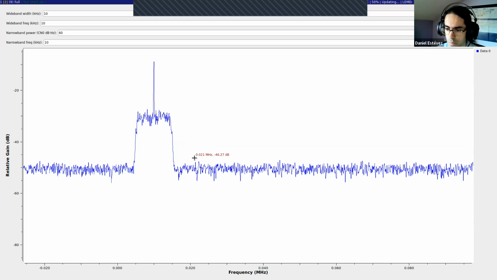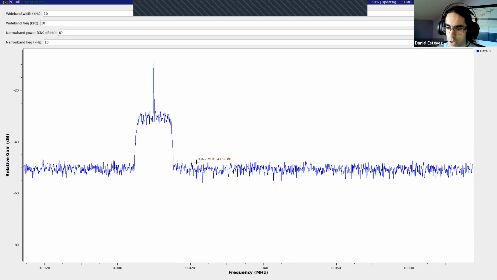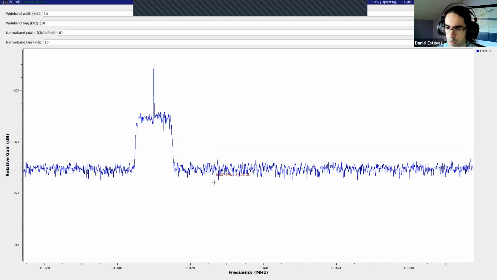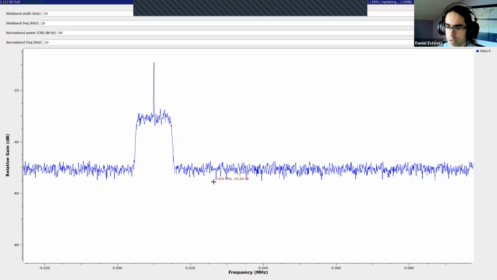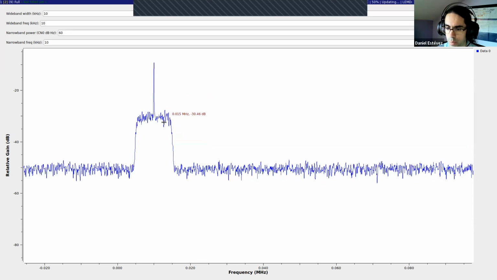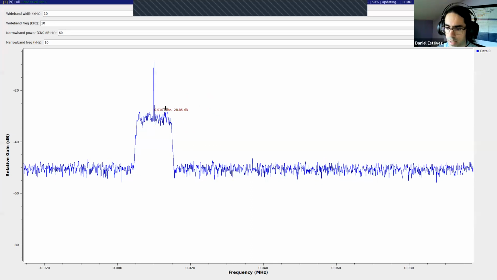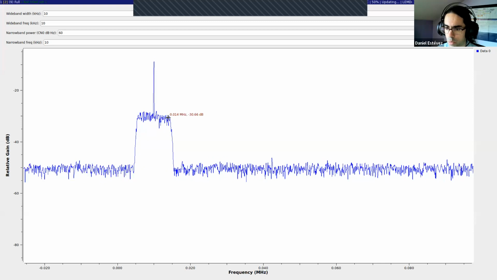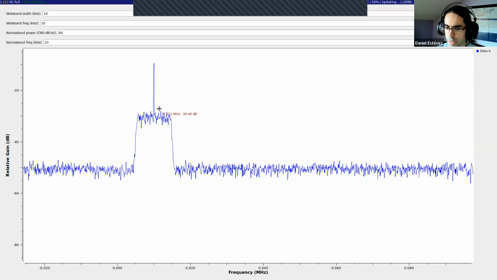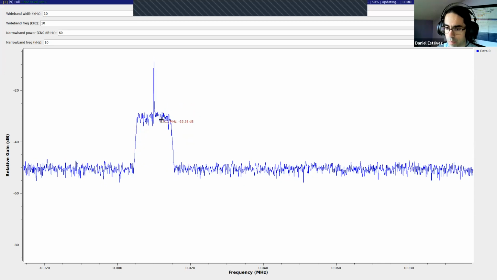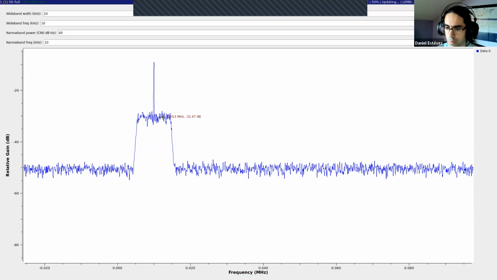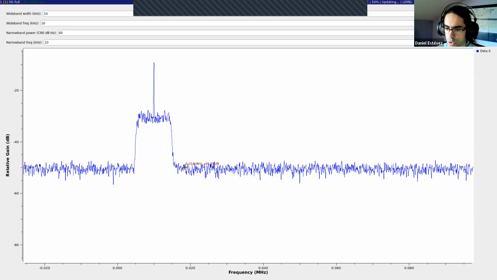But if we use the same bandwidth, so 1 kilohertz here, we also get 1,000 times more. And since we are only interested in quotients, so dB difference is the same as dividing, the 1,000 factor, which is common on both, disappears. So that means we do not care about the bandwidth, or it doesn't matter what bandwidth we choose to use.